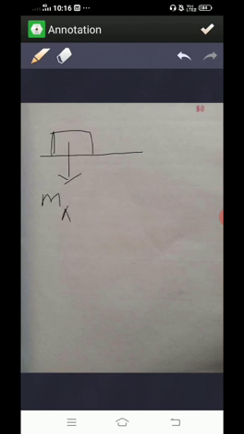What is the self weight? Mass of A into acceleration due to gravity. Then next, after cutting the string, you get the tension in the string. This is T of block A. This is the free body diagram of block A.